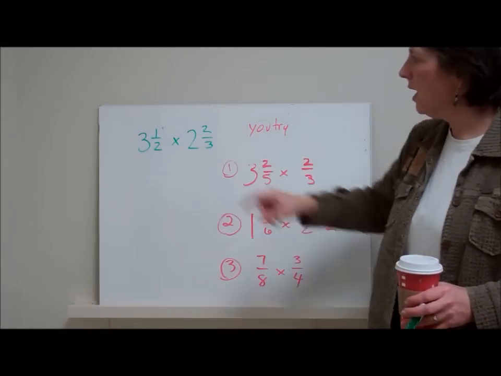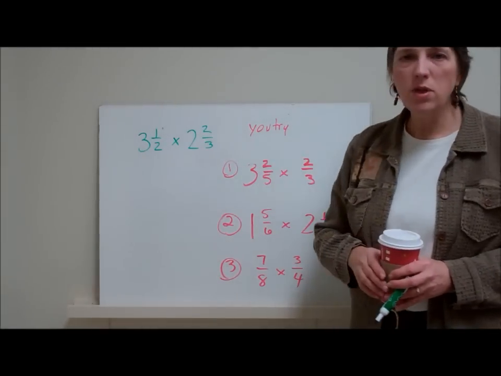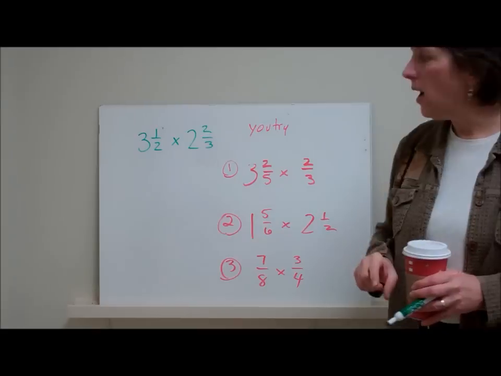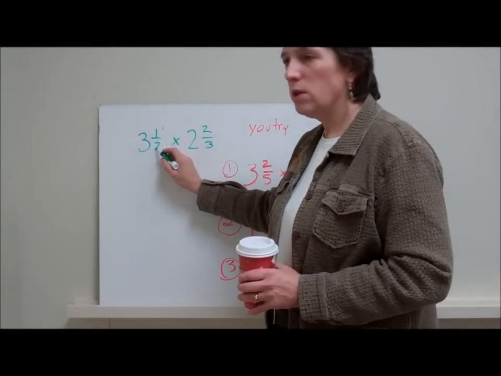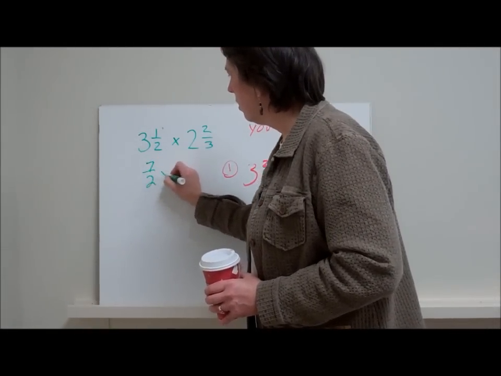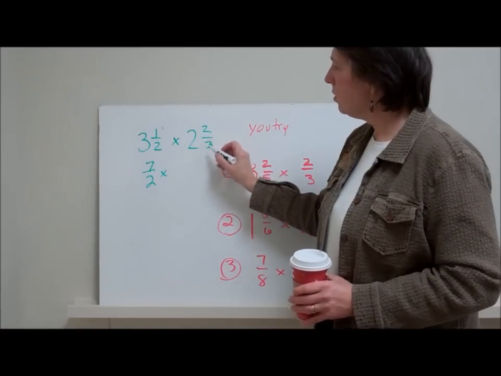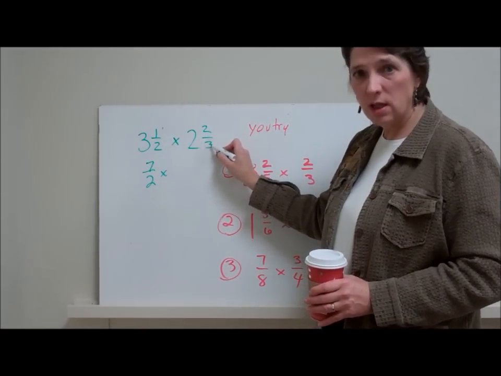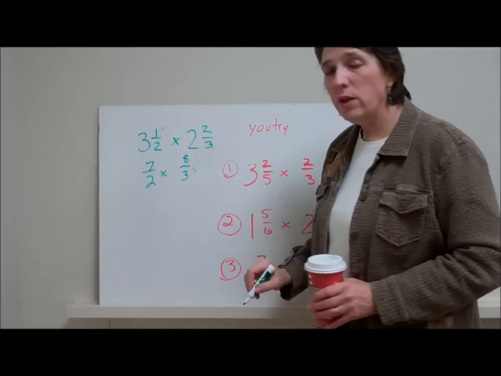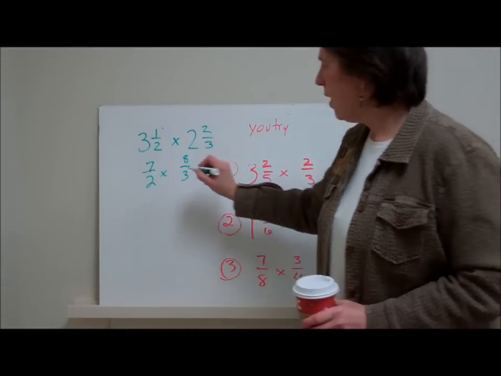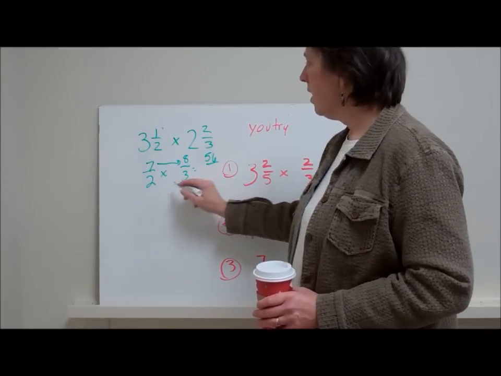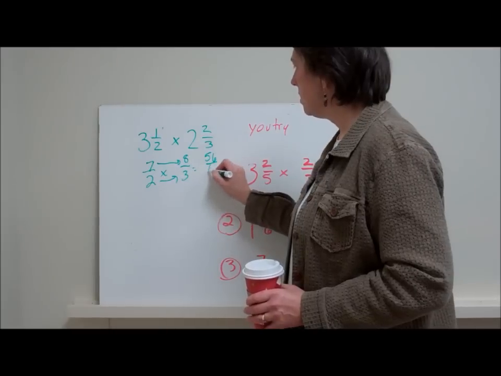Let's do this one together. Here we have 2 mixed numbers, and we have to change them to what first? Improper fractions. So we get 3 times 2 is 6, plus 1 is 7/2. And 2 and 2/3 becomes 2 times 3 is 6, plus 2 is 8/3. Now what do we do? Numerator times numerator, 7 times 8 is 56, and 2 times 3 is 6.